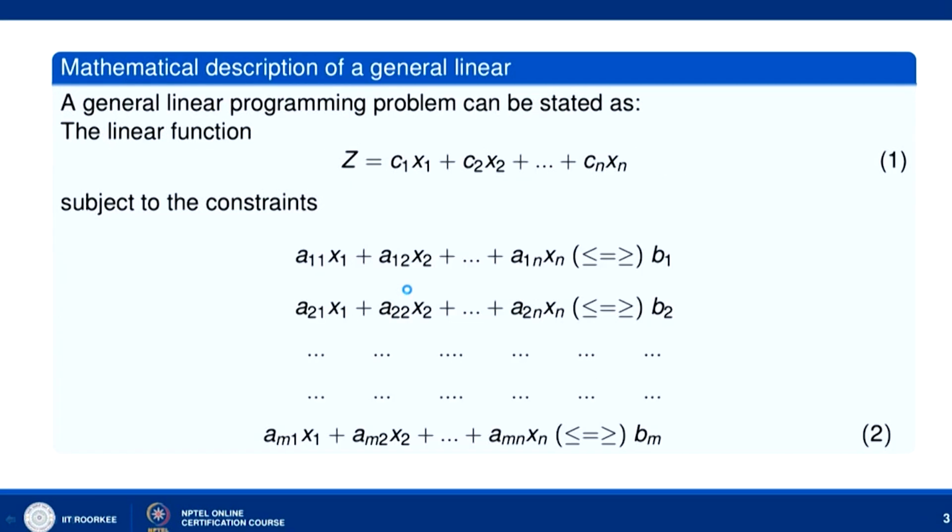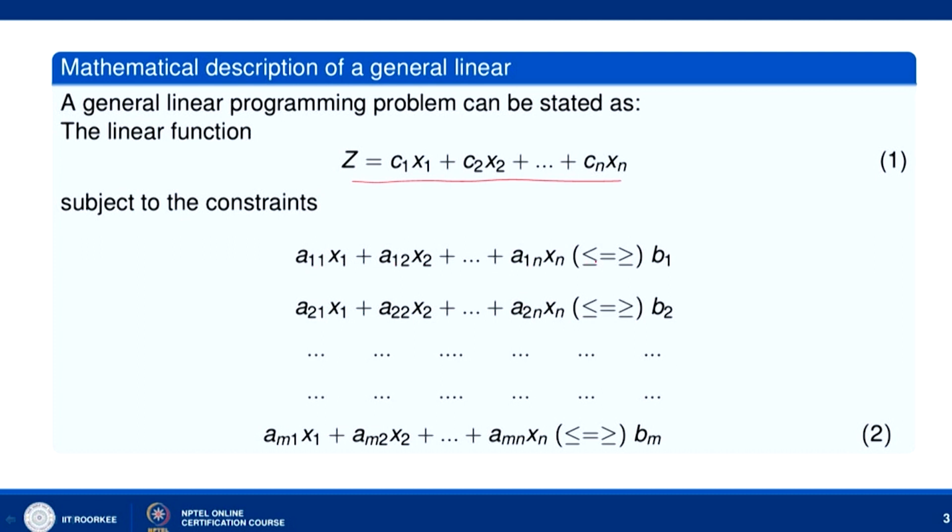Now, say mathematical description of a general linear programming problem. A general linear programming problem can be stated as, so this is a linear function, which is to be maximized or minimized subject to the constraints. So, these x1, x2, xn are subjected to these inequations, a11 x1 plus a12 x2 up to a1n xn.